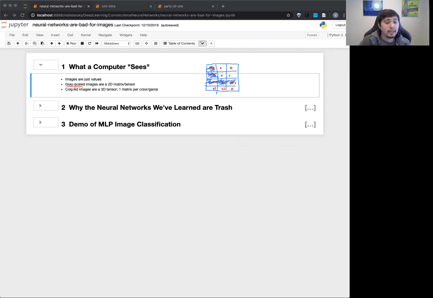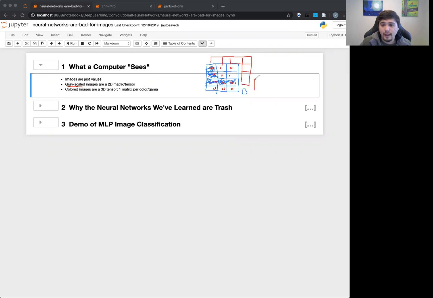Now, if you want a colored image, you have different channels, as they call them. For example, this might be the blue channel with its own set of numbers, and then another channel, the red channel, with its own numbers.